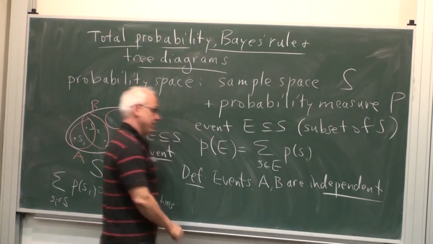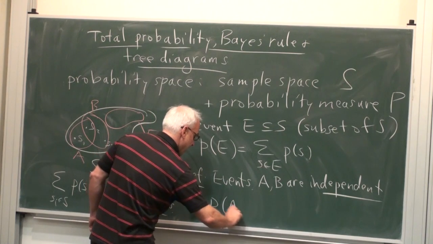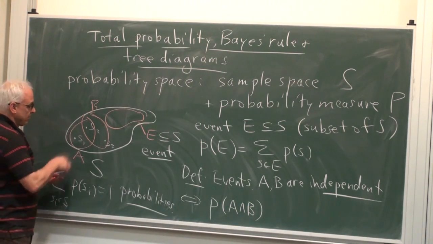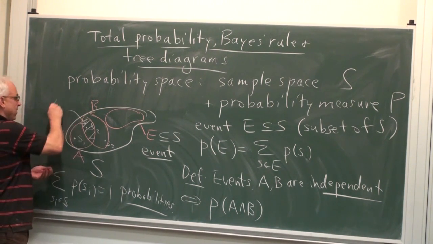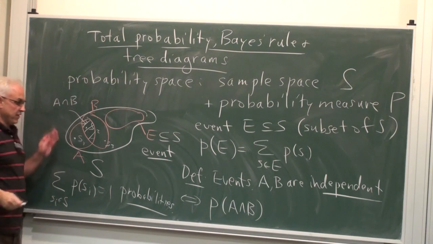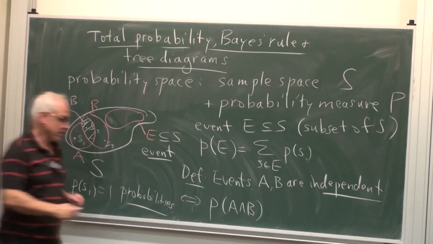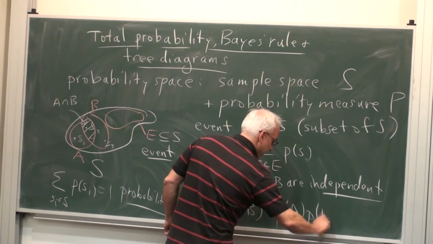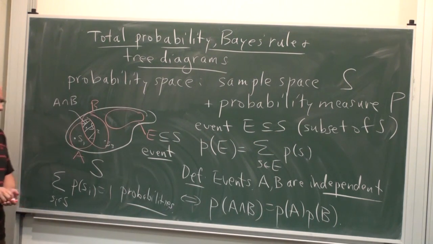What that meant, I remind you, is that the probability of A intersect B, the intersection, is just exactly equal to the probability of A times the probability of B. That's what we mean when we say that events A and B are independent.